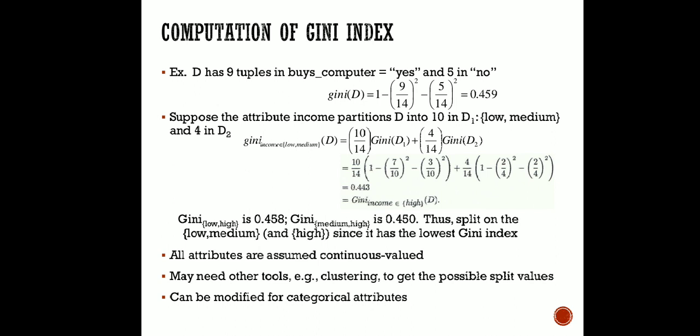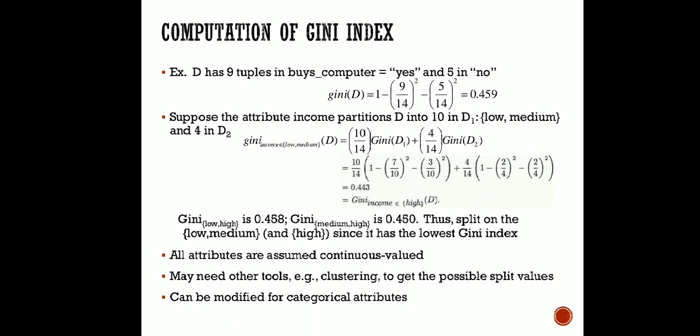We group low and medium as one, and high as the other. If we had stuck to the gain ratio, we would have classified this into 3 categories: low, medium, and high. But we are not doing so. We are trying to generate a model where if someone's income is low or medium, we classify them as one class, and we separate the high income person into the other class.